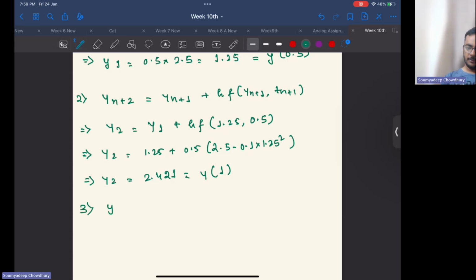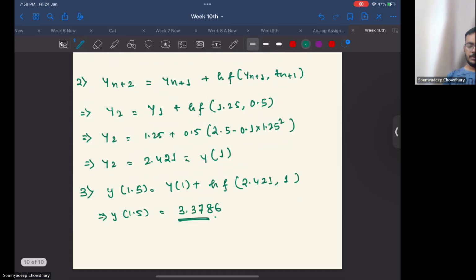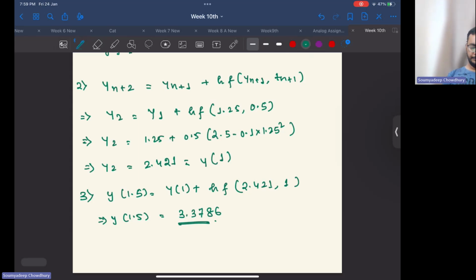Third step, y of 1.5 equals y of 1 plus h into f of the previous one, which is 2.421 and 1. If you substitute this, you will get y of 1.5 as 3.3786. Similarly, for the last step, y of 2 is y of 1.5 plus h times f at 3.3786, 1.5.